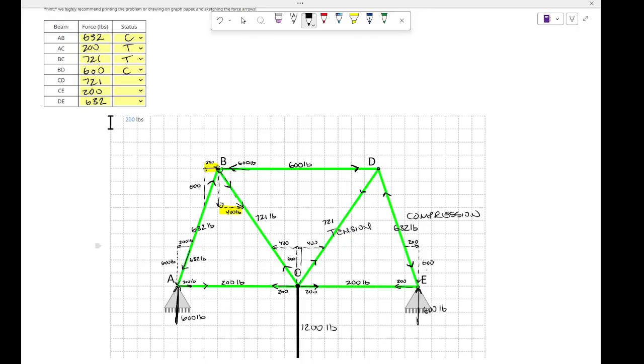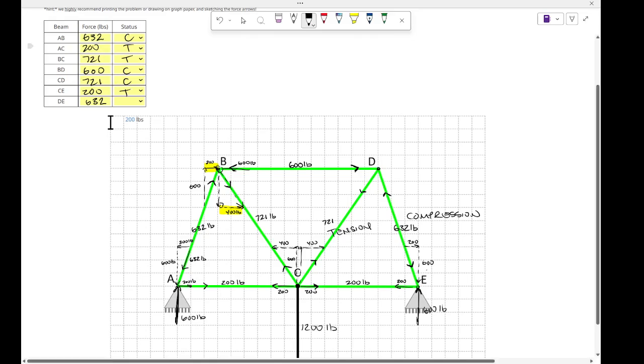CD, we just said is compression. CE down at the bottom, it got arrows pulling in, so it's in tension. And DE, sorry, I think I did the wrong ones here. CD should be arrows pulling in, sorry, should have tension in here. Misread the members. And DE we have in compression.